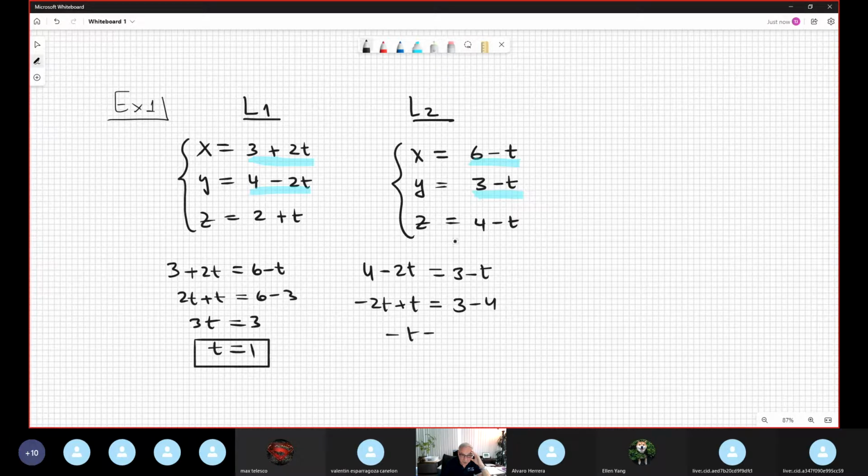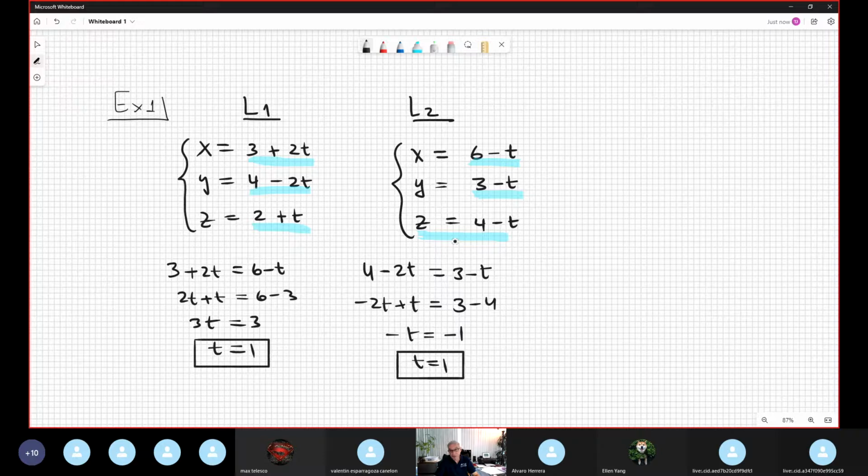This is minus t equals negative 1, divided by negative 1 on both sides, t equals 1. It's no coincidence, t is the same. If in the third equation the answer is also t equal 1, that means these lines are intersecting. If at least one equation fails and gives me a different number, it's because they are not intersecting.